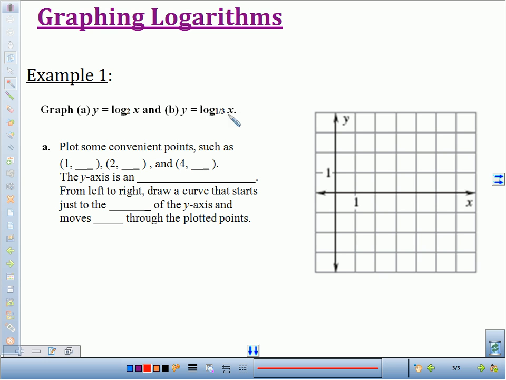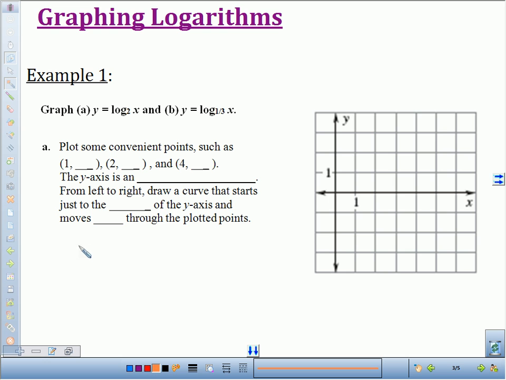All right, we're going to graph a couple of different ones. Let's start here. We want to graph y equals log base 2 of x. And the way we want to do this, we want to start by plotting some easy points. Let's just remember what a logarithm is.